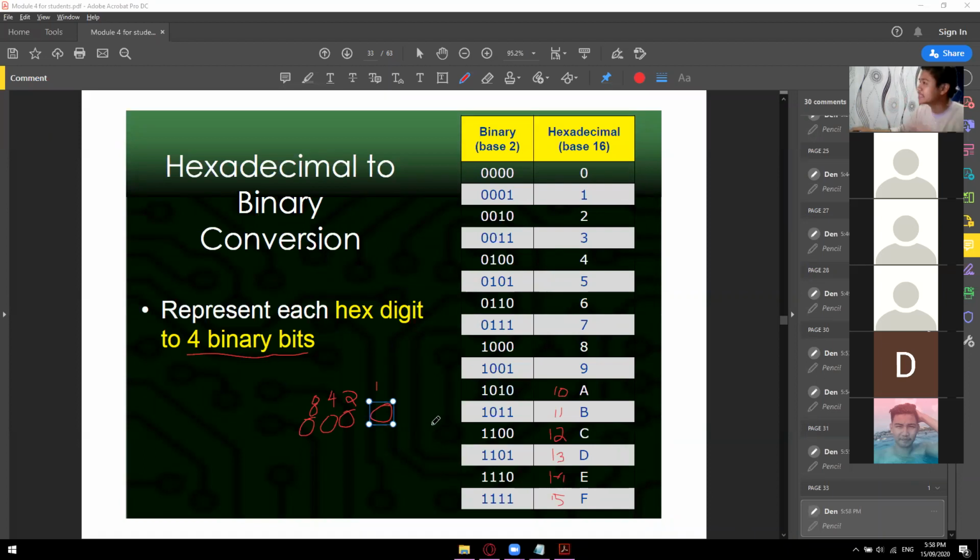So, ilang bits pala? 3 lang. So, kailangan lang natin ng 3 bit. Okay? Kasi, ang value nito is 1, ito rin is 2, and then ito rin is 4. Ngayon, kapag kailangan natin ng 7, which is the maximum of octal, so activate nyo lang lahat. So, 4 plus 2 is 6, plus 1 is 7.